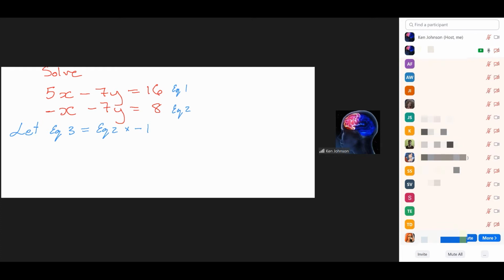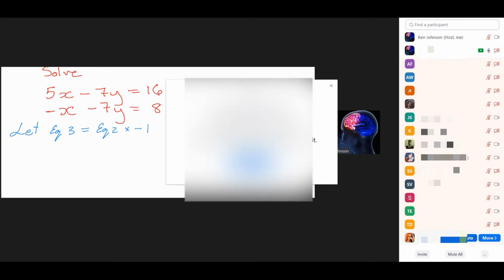What am I saying? Here it is. I say I'm going to multiply equation 2 by negative 1, right? So here it is. I'm multiplying all of this equation by negative 1, right?